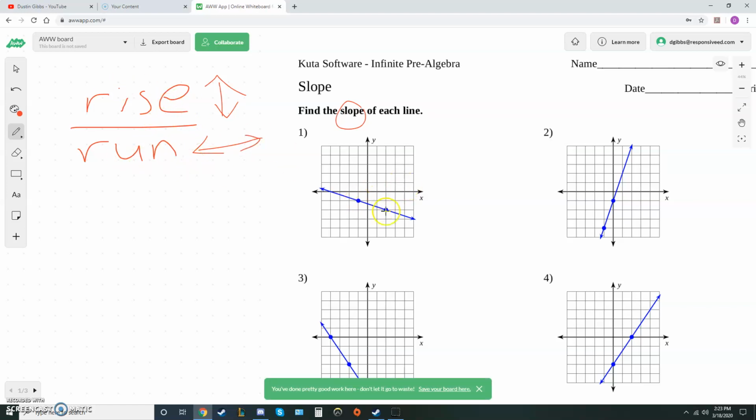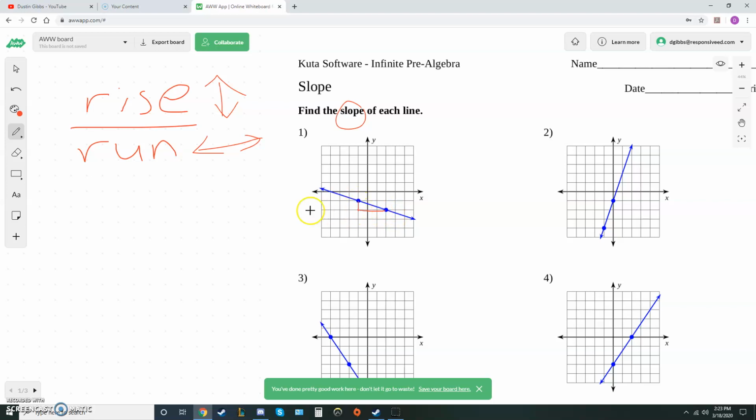Notice here that I went ahead and gave you 2 points. That's important, because you have to have 2 points and they have to be right in the middle of that line. So it's very simple. You take these 2 points and, if you remember, you create a right triangle with them like this. For your rise, pay attention to direction.